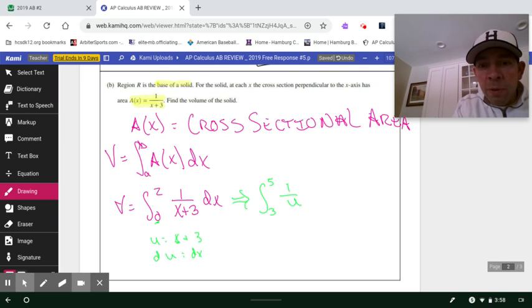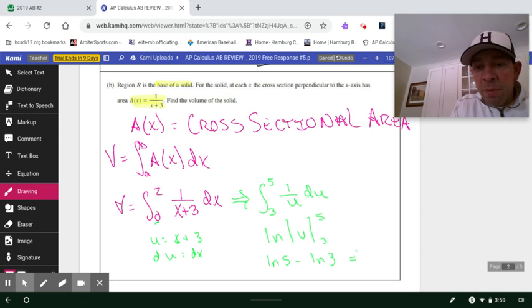You've got 1 over u du, which gives you an antiderivative of ln of u. Notice how I've got everything in terms of u, so I can go ahead and substitute that 5, then substitute the 3. You don't have to do this last move, but if you want to get cute and use your natural log properties, you could combine it that way.